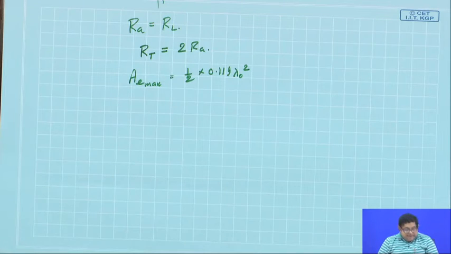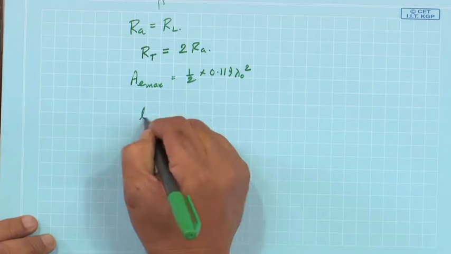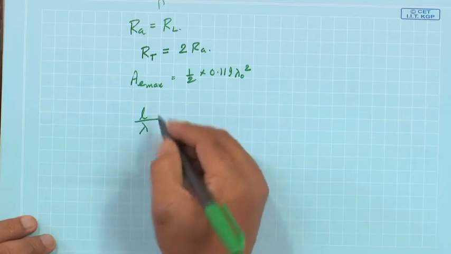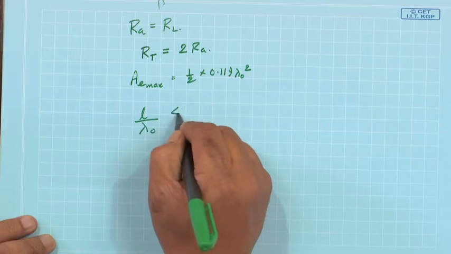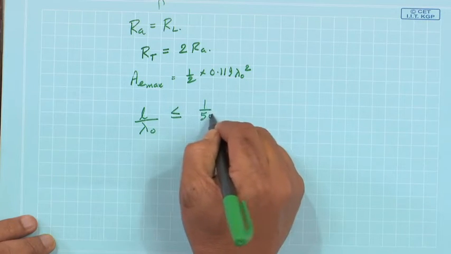Now, let us have some typical values. We will see later that a dipole can be considered a current element if its length by the wavelength of operation is less than 1 by 50.